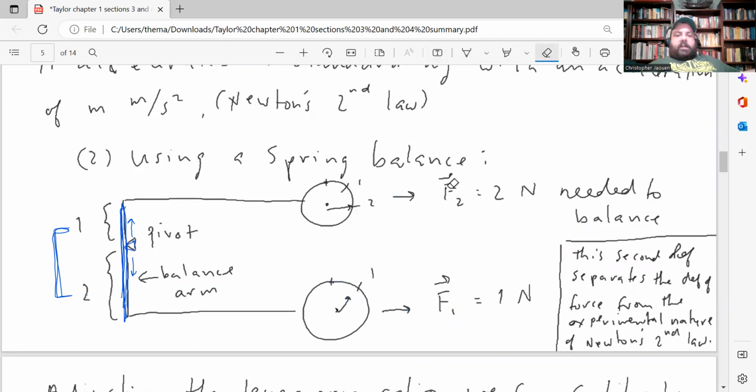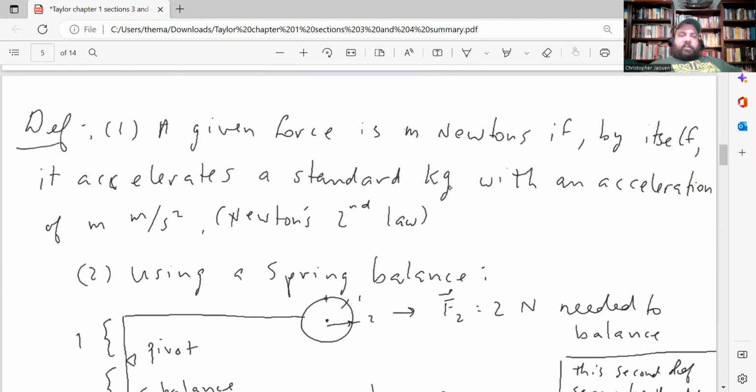Right, so defining a force that way, he says, is maybe philosophically a bit better, because the second definition separates the definition of force from the experimental nature of Newton's second law. So in other words, there could be confusion from the first definition about whether Newton's law follows directly from the definition of a force, or whether it's an experimental thing.